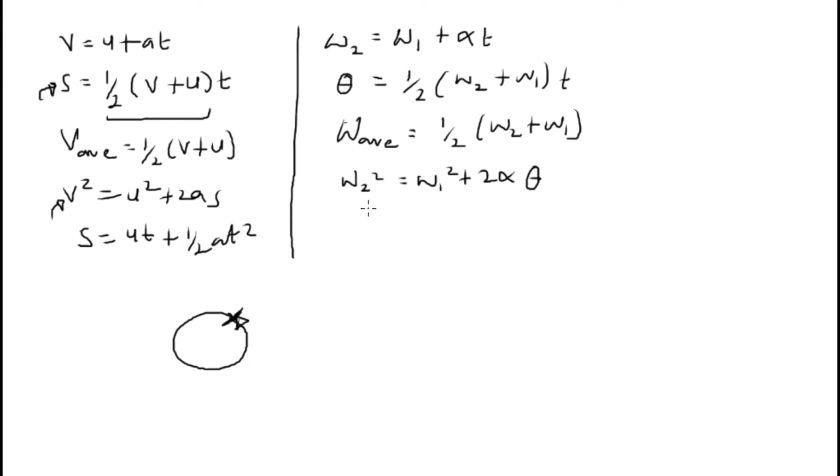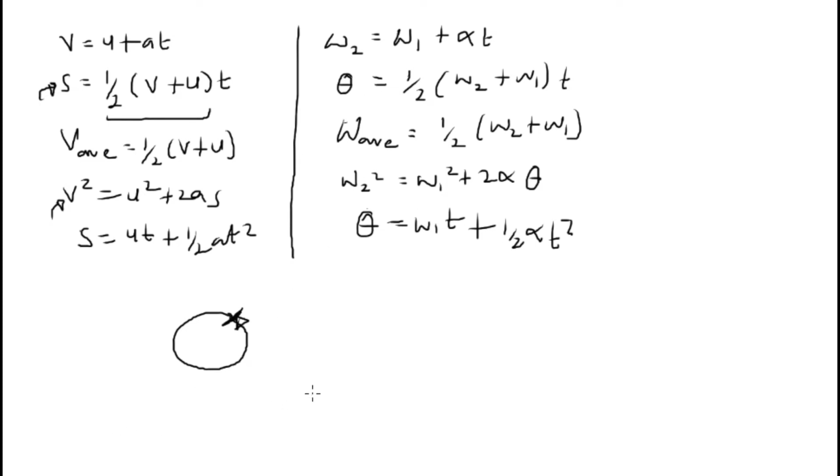And for s equals ut plus half at squared, my s is theta, and that's equal to omega 1 t plus half alpha t squared. These are basically the formulas used to calculate the distance along the circular path, where omega is the angular speed or the angular frequency.